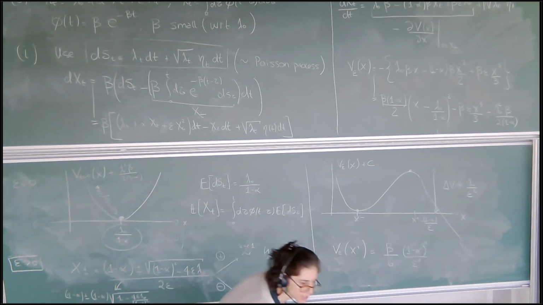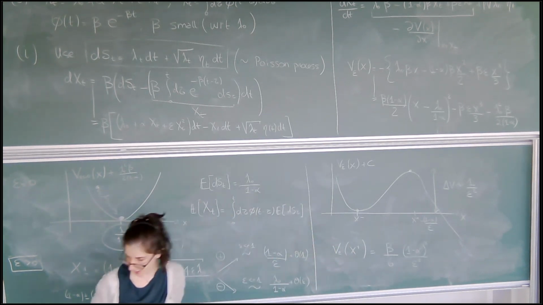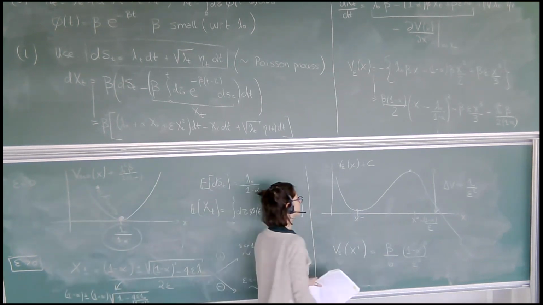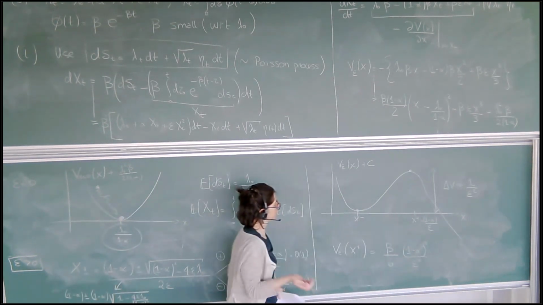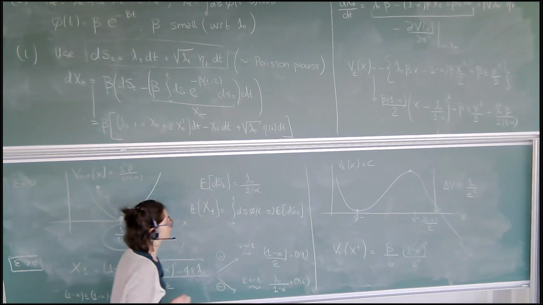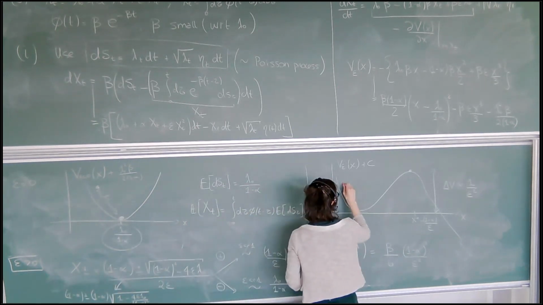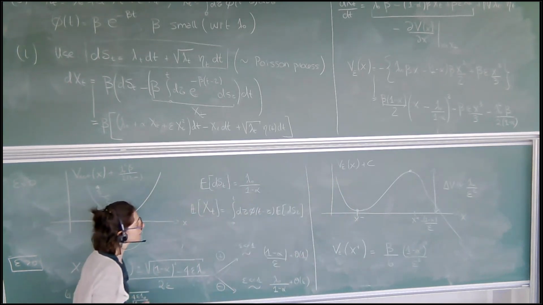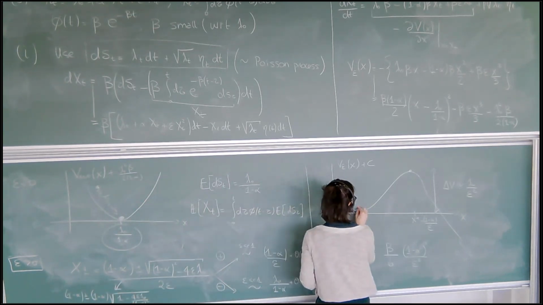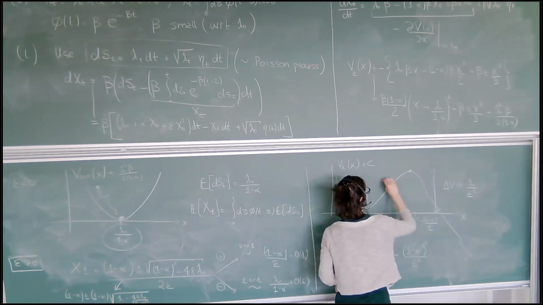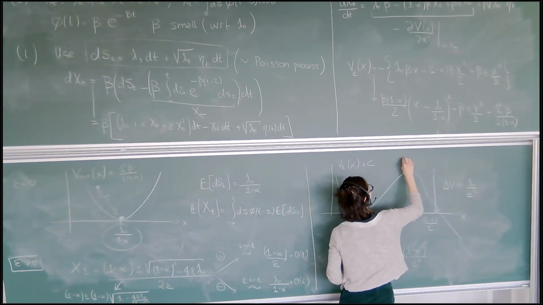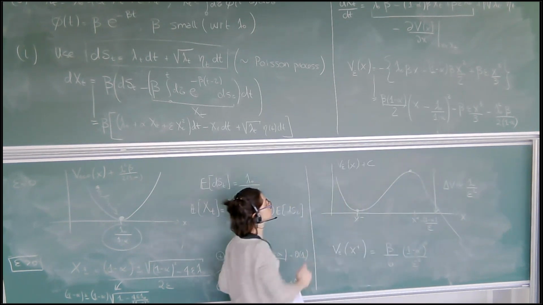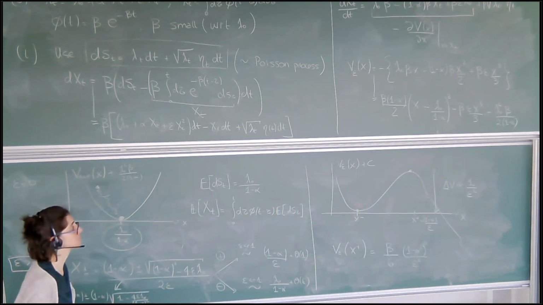Okay, so this is the potential, and now that we have the potential, we can ask this question about activation. In a similar way as for the double well of the magnetization of the Ising, we can imagine that the dynamics, if you start from somewhere within the basin of attraction of x minus, will relax in this metastable state, but then there will be very rare activated processes that kick you up across this barrier.